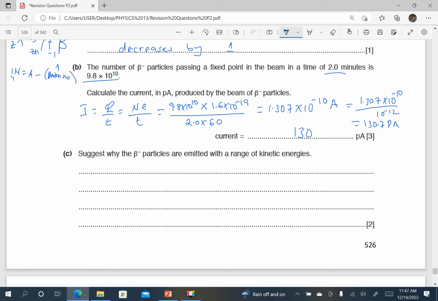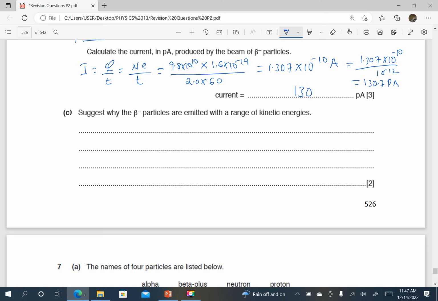To be specific, if a proton changes into a neutron, this is 1, 1, this is 1, 0, this is going to be beta plus 0, 1. Beta plus is accompanied by a neutrino. If a neutron changes into a proton, this is 1, 1, this is 1, 0. This is accompanied by beta minus 0, negative 1. This is a normal electron, accompanied by an antineutrino. So beta minus is accompanied by an antineutrino.